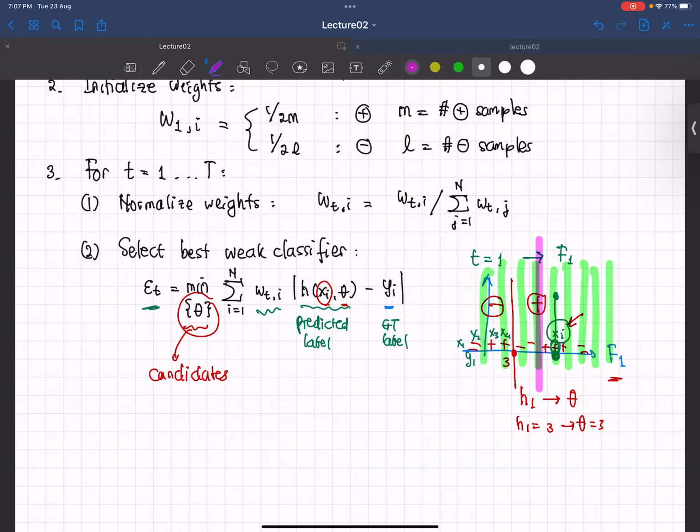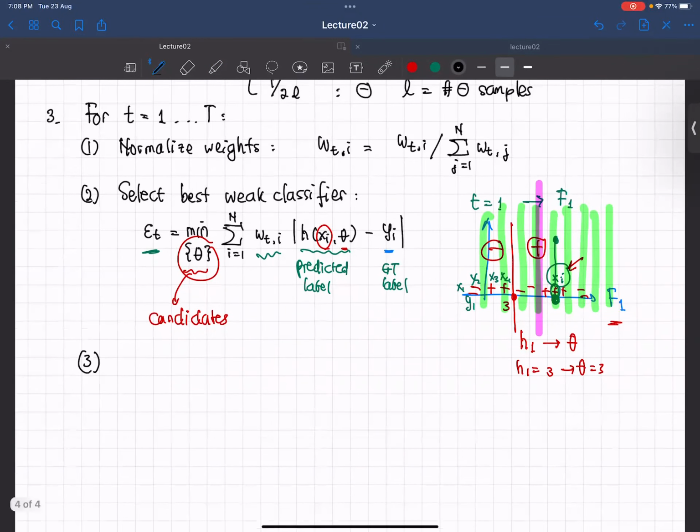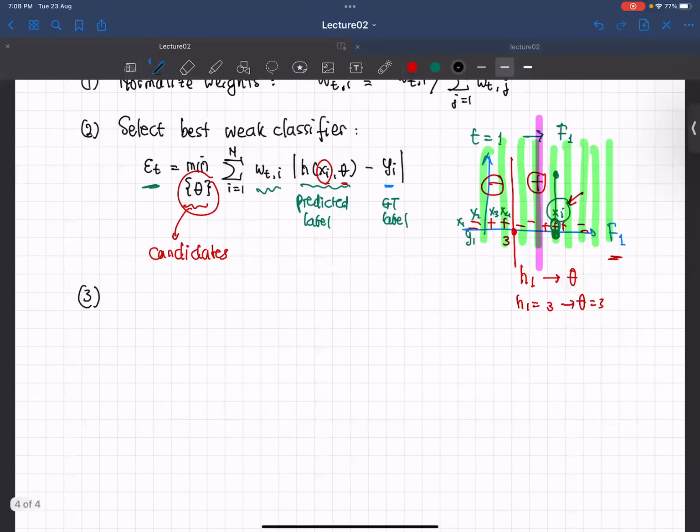Okay, so if there's no questions, I assume that you understand the meaning of this equation. So let's move on to next step, substep 3. So in substep 3, it's not really a step actually, it's just a definition.